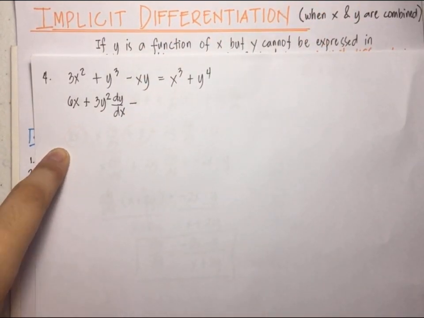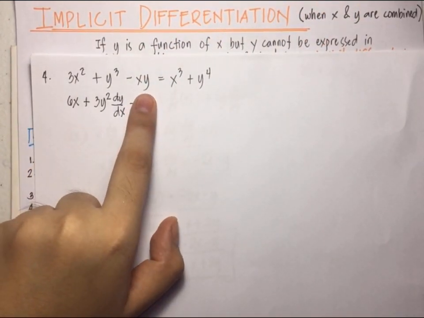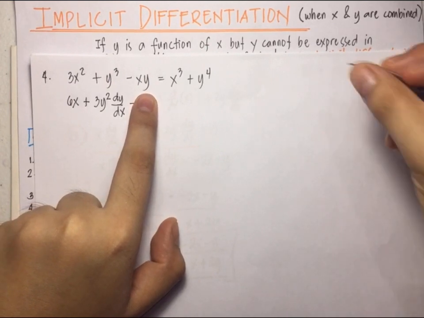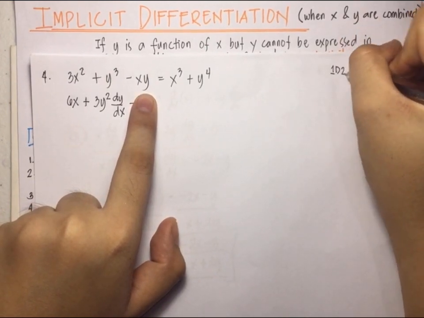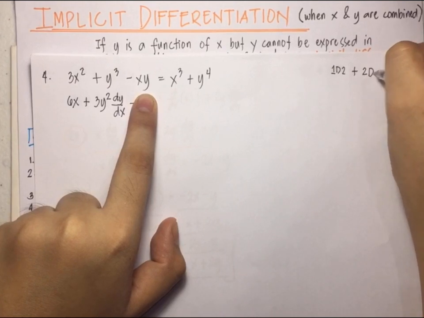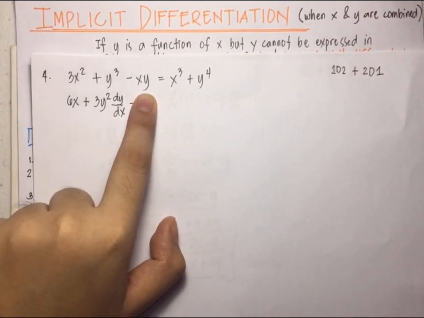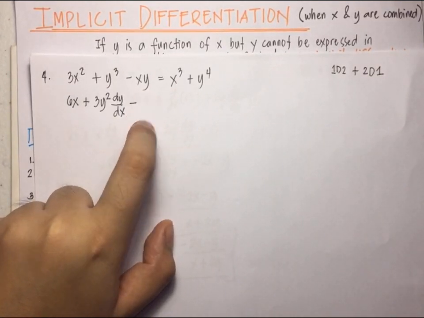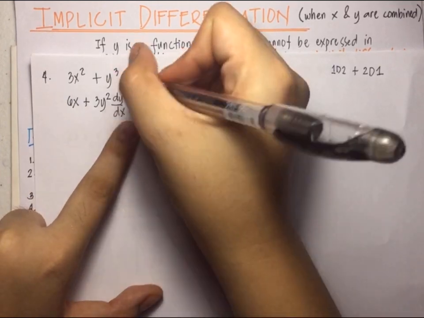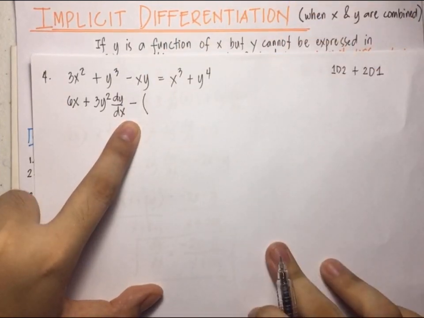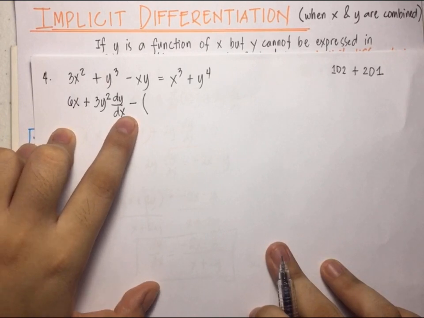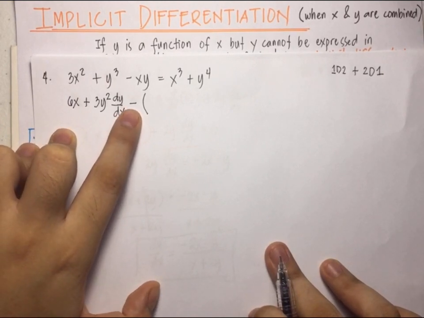Minus, again, it's a product, we need to follow the rule. First d second plus second d first. And we're gonna put it in parentheses, especially that we need to distribute the negative sign here.